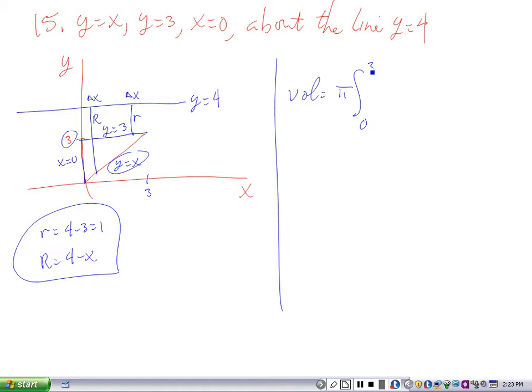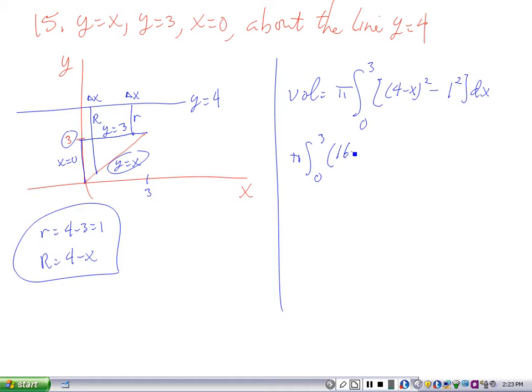So I'm going from 0 to 3. And so here, the big radius is 4 minus x to be squared, minus the little radius, that's just 1 to be squared, dx. So we get pi times the integral from 0 to 3.